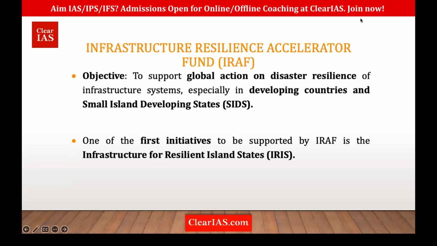So for that, this IRIS group was formed under the CDRI. Okay, so that is the Infrastructure Resilience Accelerator Fund. I told you it is under CDRI, and it also supports developing countries and the SIDS, and the first funding was for whom? The Infrastructure for Resilient Island States, IRIS.